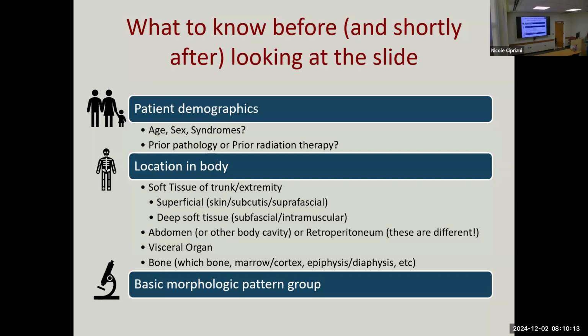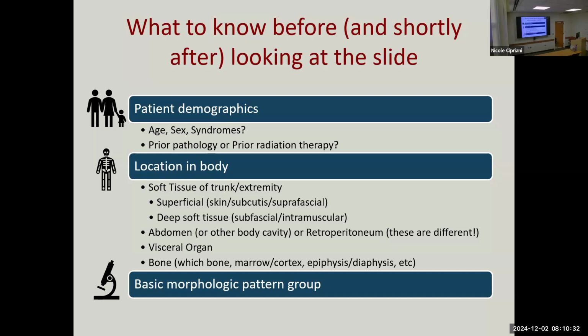Is it within the parenchyma of a visceral organ? Is it in the head and neck, right? Because that's also considered a deep space. Or, once we get to the bone section, is it in bone? Which bone is it? A bone that has undergone intramembranous ossification or endochondral ossification, right?